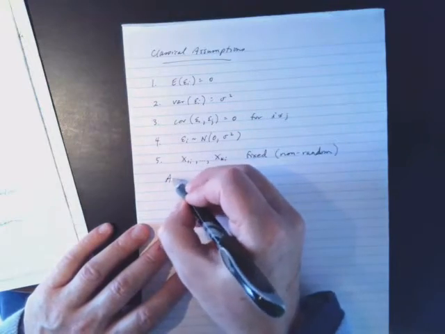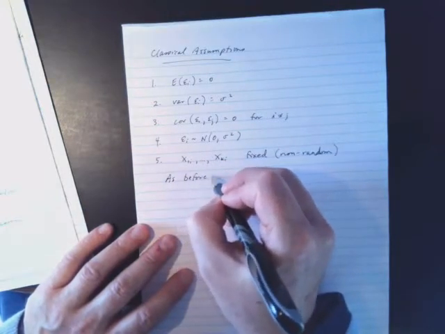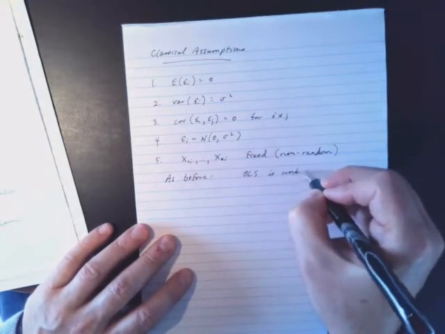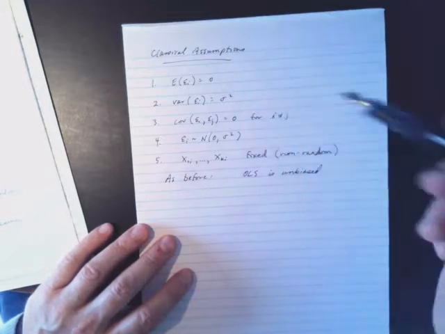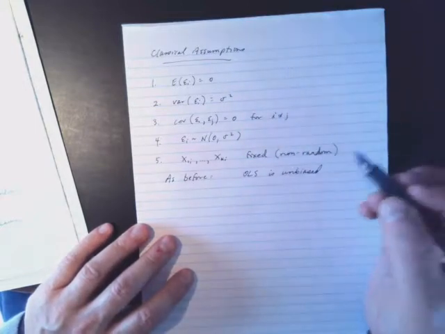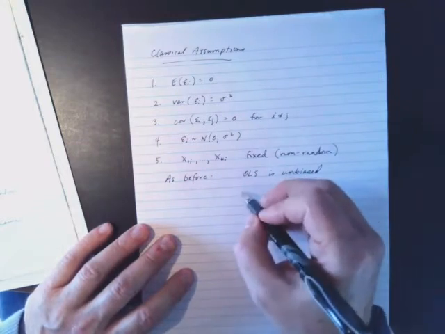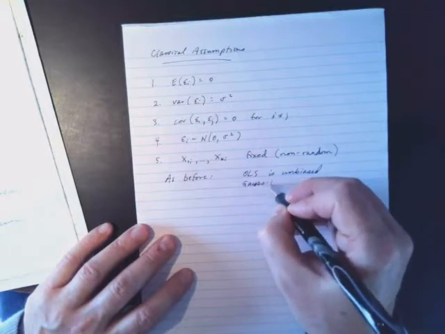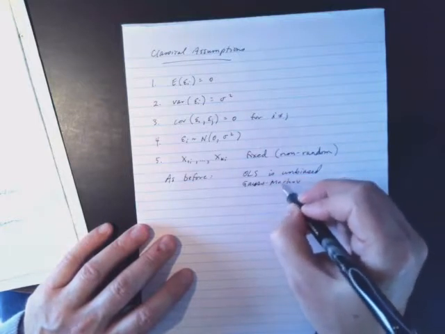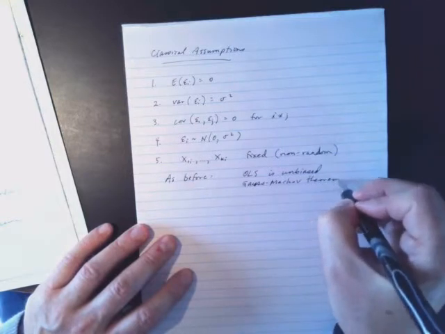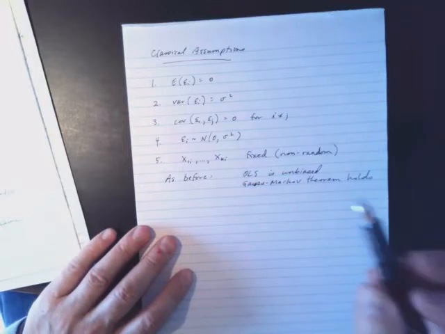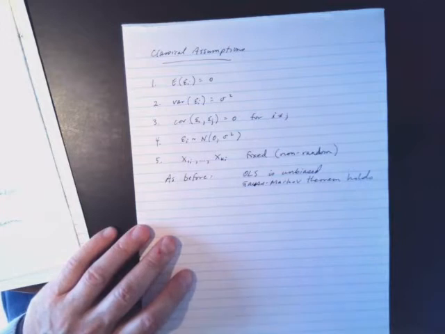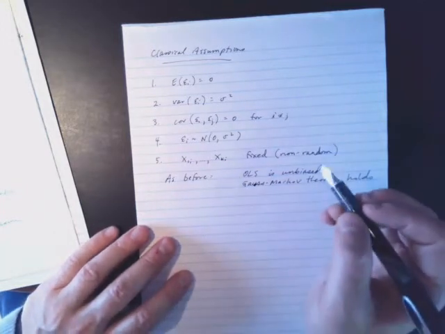And then, as before, if the assumptions hold, OLS is unbiased, and the Gauss-Markov theorem holds. So OLS is still our best linear unbiased estimator.